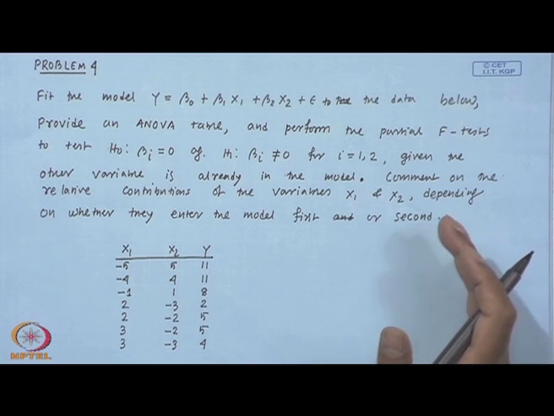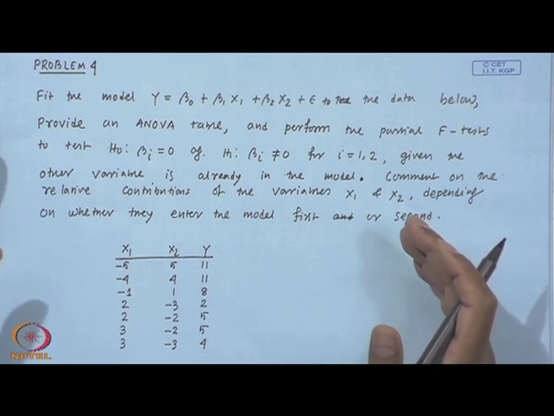It is a multiple linear regression problem involving two regressors, and we are given the data for x 1, x 2 and y. So, we have to fit the model, that means we have to estimate the parameters beta naught, beta 1 and beta 2. Once we are done with the estimation of the parameters, then we can have the ANOVA table, and after getting the ANOVA table we test the significance of the model, that is called the global test.